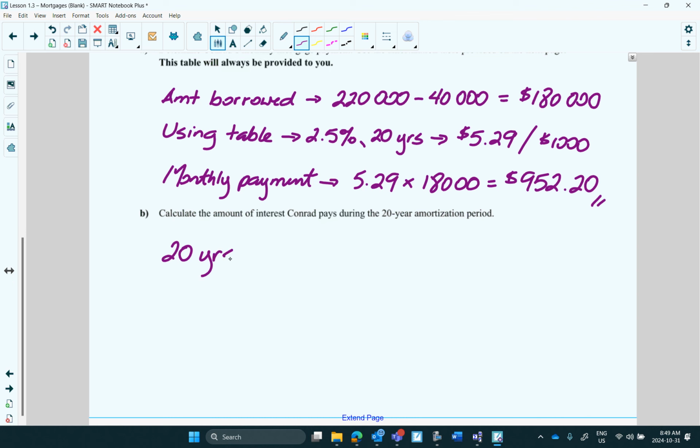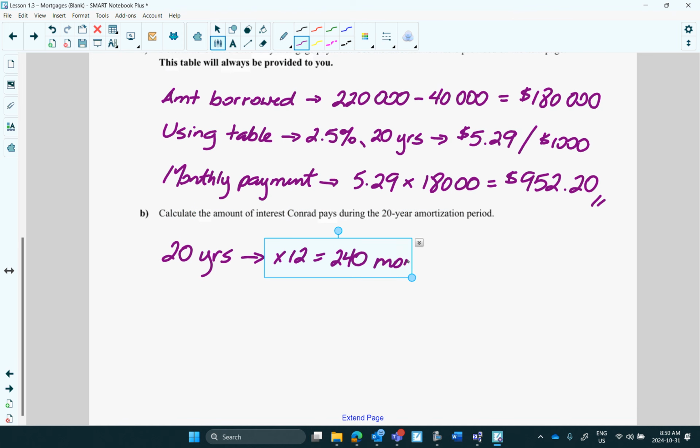I need to convert that to months to figure out how much he's going to pay in total. So how would I calculate that? I would just do times 12, 240 months. So he's going to pay $952.20 every month for 240 months.